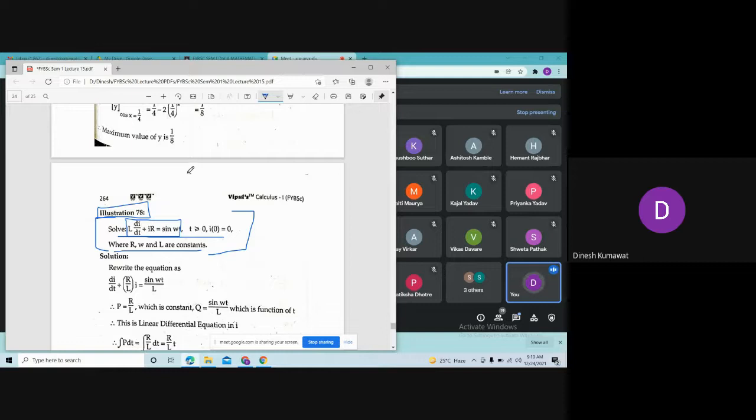Remember, you need to compare this with the standard form, which is nothing but dy by dx plus py is equals to q. सो आप पहले तो क्या करो, ये जो डी आई बाई डी टी है इसका कोइफिशिएंट क्या है, एल. सो एल से आप डिवाइड कर दो थ्रू आउट दिस इक्वेशन. So you are having this kind of equation. Now observe, this is linear in which variable?